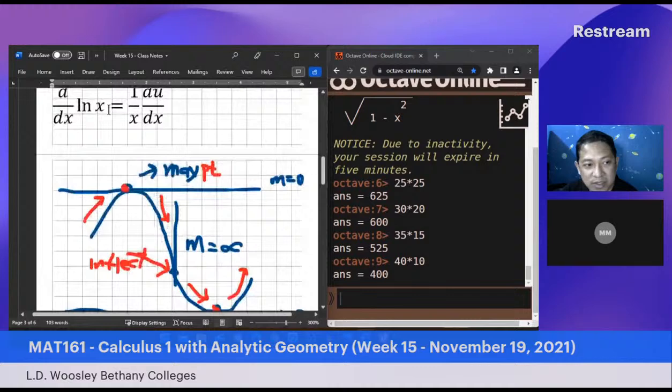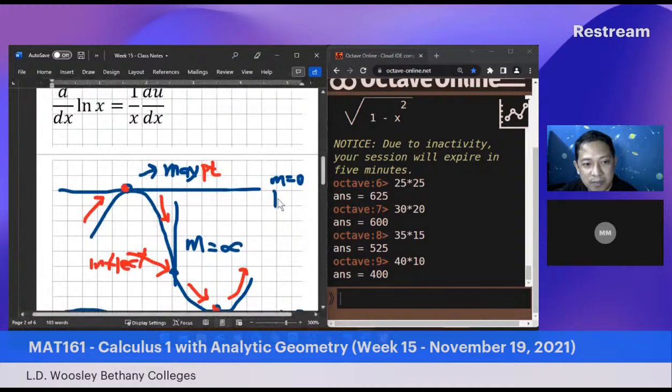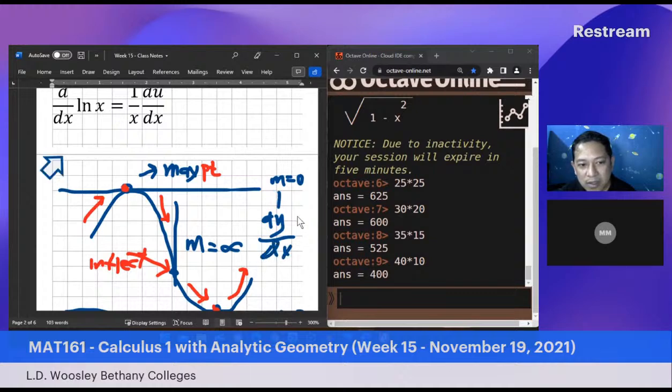Okay? Make sense? Because the first derivative is also your slope. This is equivalent to your slope, your dy over dx. Pareho lang yan, yung slope na yan. Kaya in-equate natin siya kay 0 para makuha mo yung maximum.